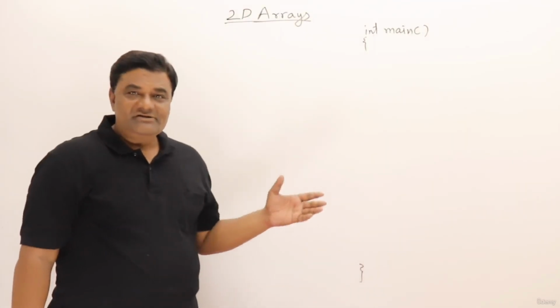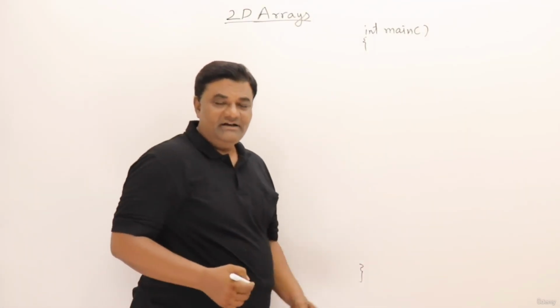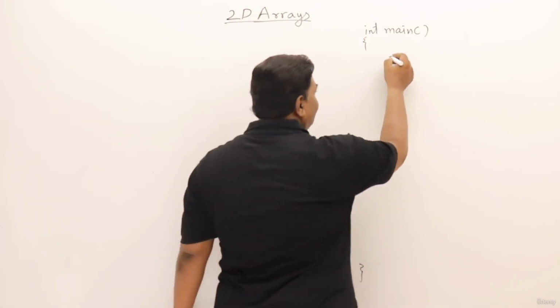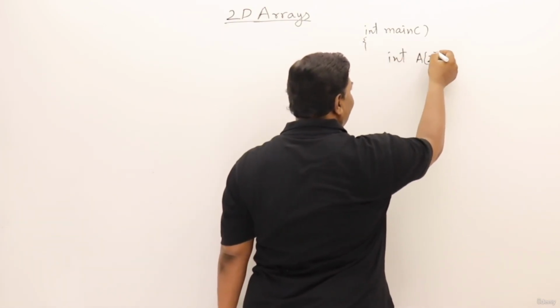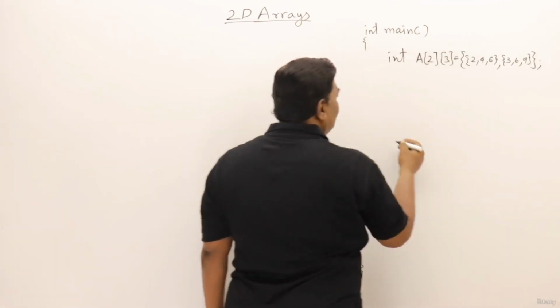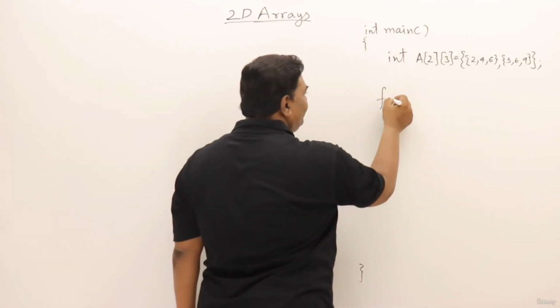I will declare a two-dimensional array and display all the elements from that two-dimensional array. So here is a program. I will declare an integer array only. See, mostly I am taking integer type arrays only. Now I will display this using two for loops.